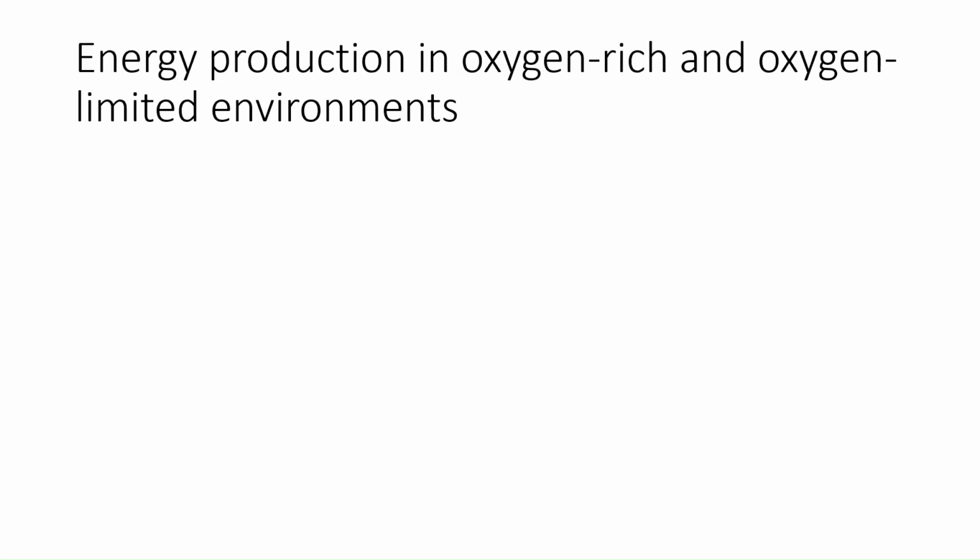Now, energy production in oxygen rich environments is very different than energy production in oxygen limited environments. We described earlier that oxygen is a very electron greedy element, and therefore we can harvest an enormous amount of energy by oxidizing organic compounds like glucose and loading those electrons onto oxygen.